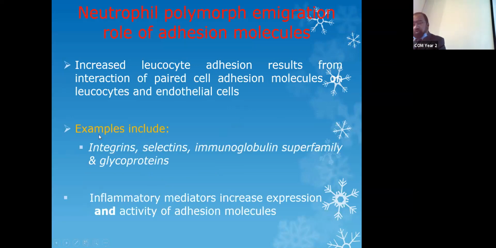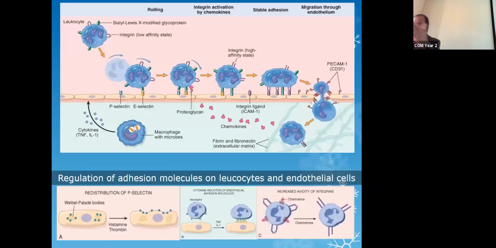By doing so, we have integrins, selectins, the immunoglobulin superfamily, and glycoproteins, which take part in the adhesion of these neutrophils. So they have the whole inflammatory process. If you see this picture, it's very important that this is a neutrophil. It has to come down, they roll, and then they go out. How does this process start?